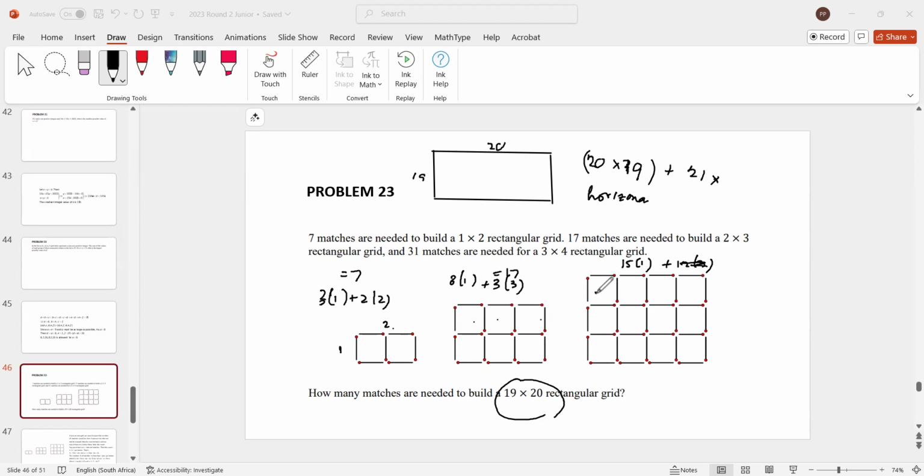I'm counting the verticals. I got 1, 2, 3, 4, 5 verticals. Although this is 3 by 4, there are 5 verticals. So you're going to have 21 here, the 19. And there'll still be a 19.